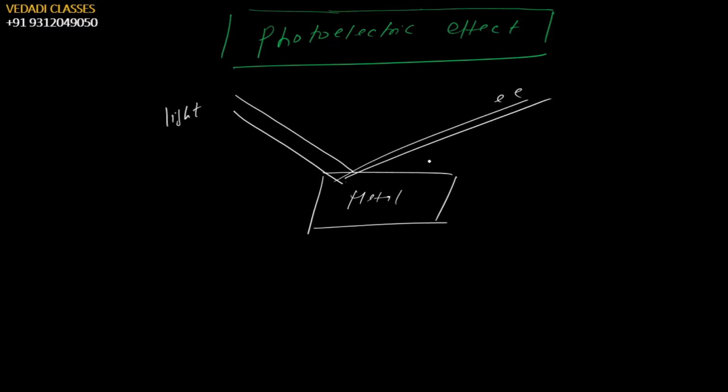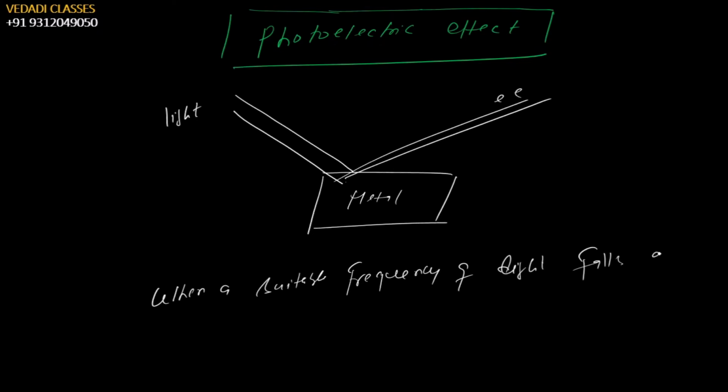This phenomenon is known as the photoelectric effect. So the phenomenon of ejection of electrons when a suitable frequency of light falls on a metal surface is known as the photoelectric effect.